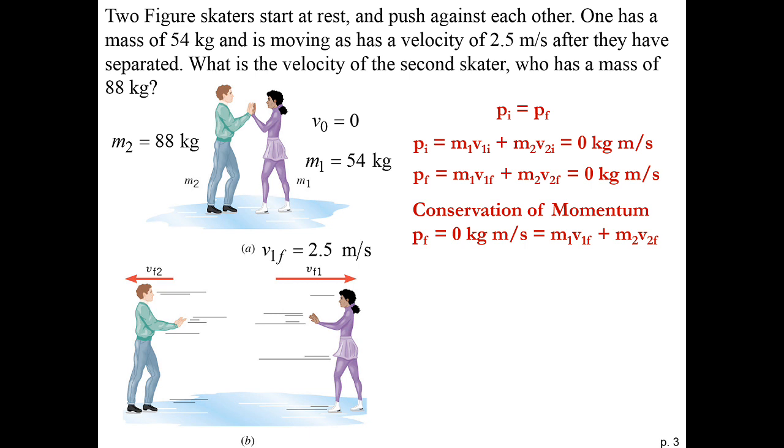Next, due to conservation of momentum, the sum of m1 times the velocity of 1 is equal to the mass of 2 times the velocity of 2.